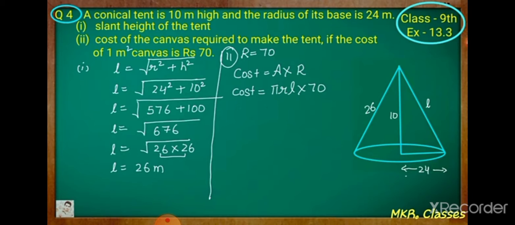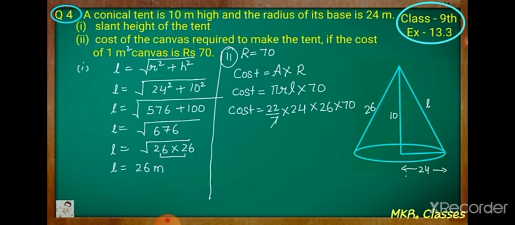So let's put the value. In the place of pi, we can put 22 by 7. R is how much? 24, and L slant height is 26 and rate is 70.